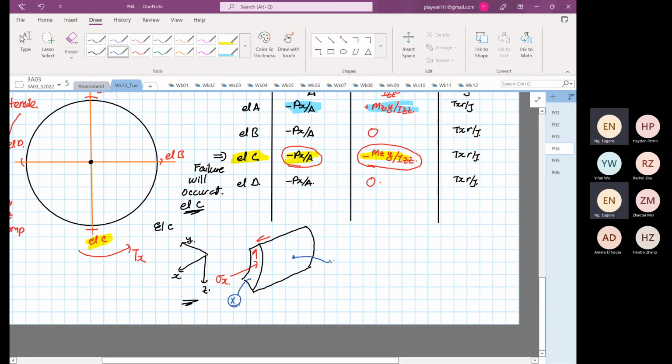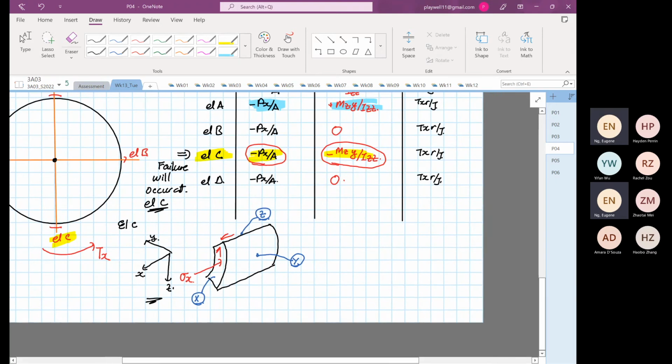Over here will be our point Y, and the surface over here will be our point Z. So now we're going to construct the Mohr circle. What we know is stress Y is equal to stress Z, and equal to 0.